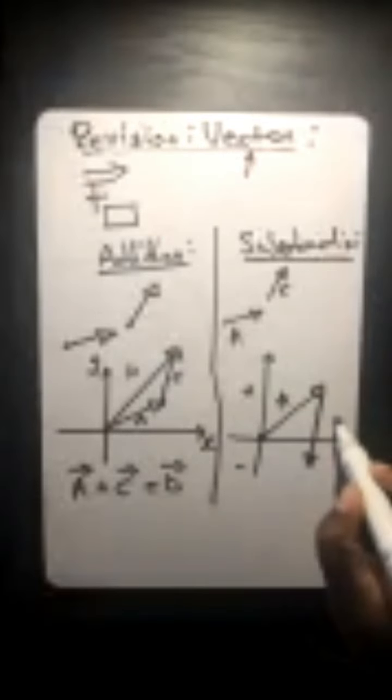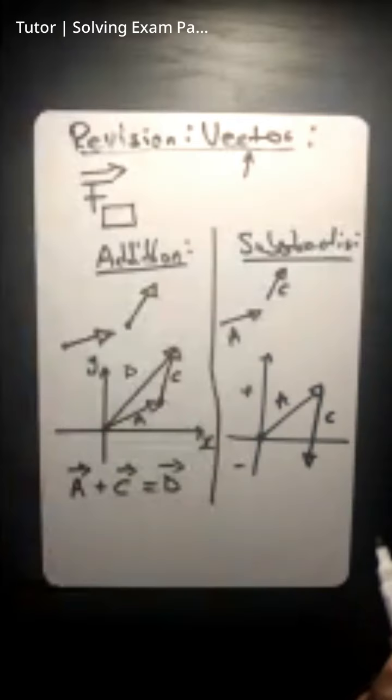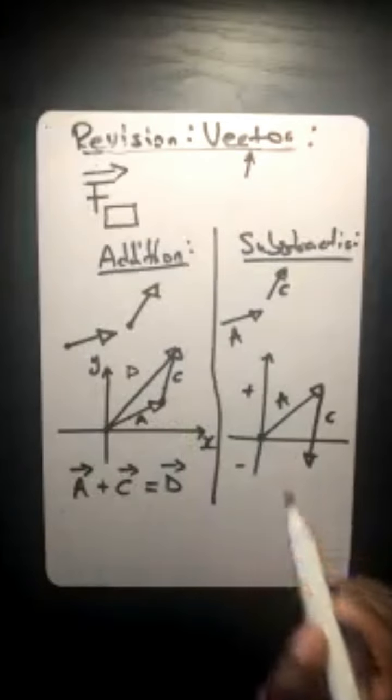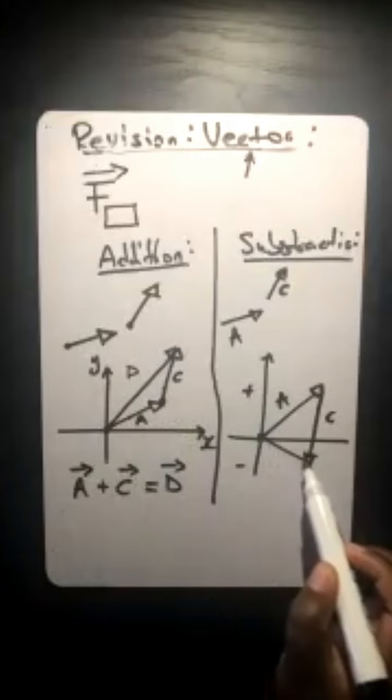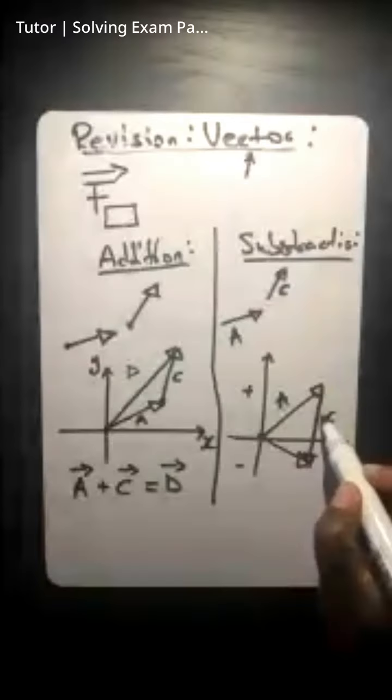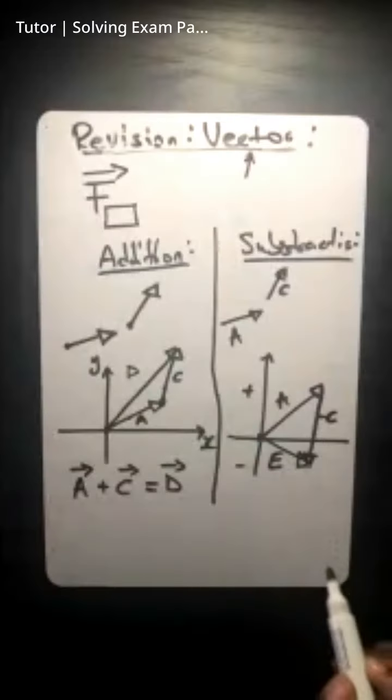And obviously, to represent these two vectors with a single vector, you do the same as you did on that side, where you start from the origin and then you connect to the second vector. So that means obviously there is going to be negative subtraction, or where vectors subtract each other.